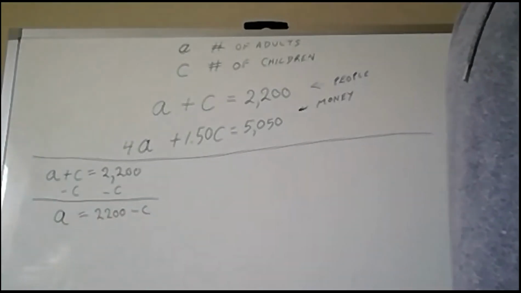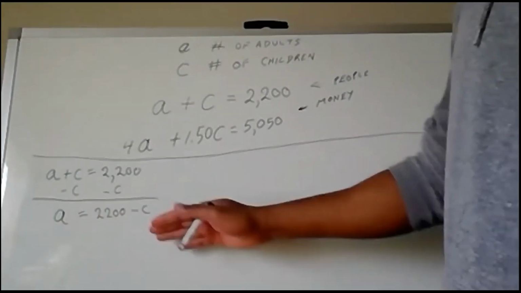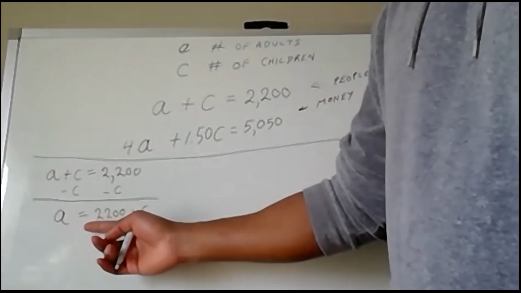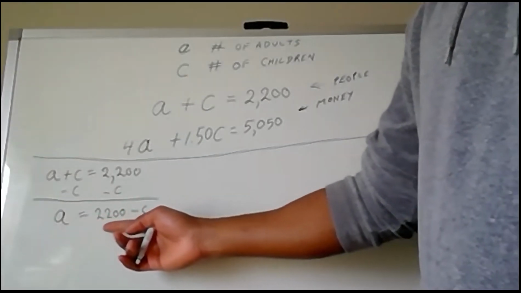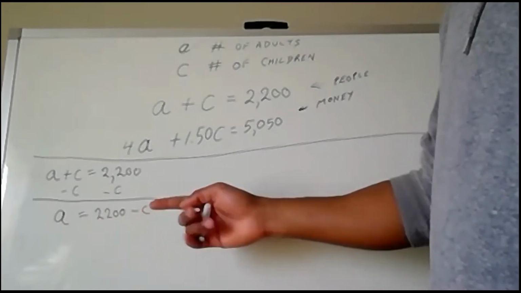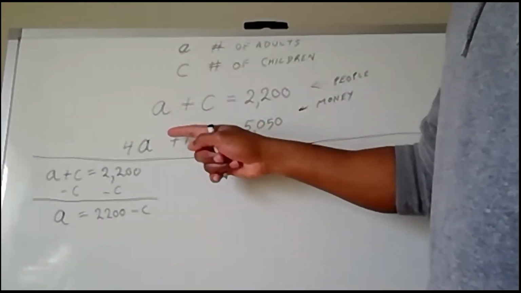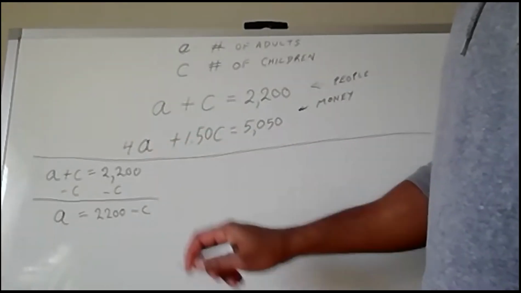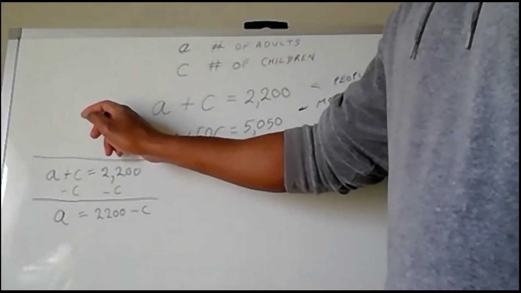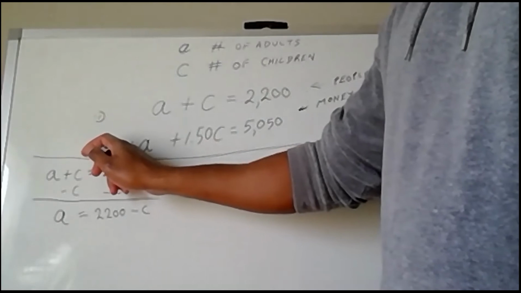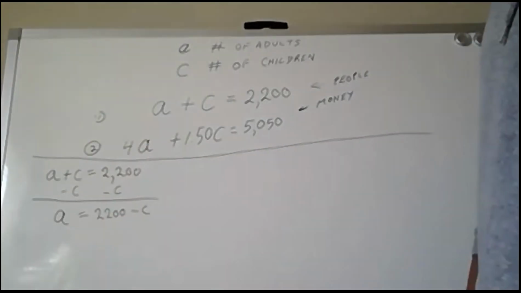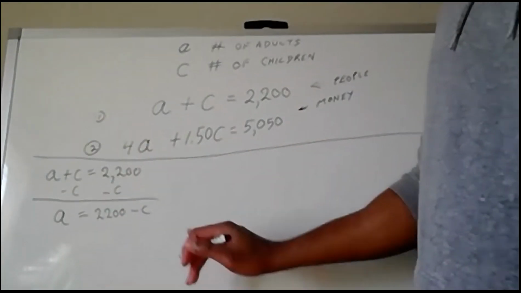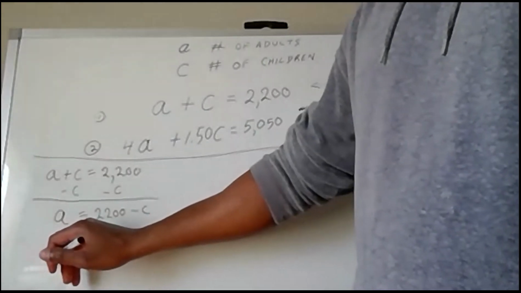Okay? All right, perfect. Now that I did that, I'm going to substitute this part right here into my second equation for A. Let's call this equation 1, and let's call this equation 2. So I just turned equation 1 into this.